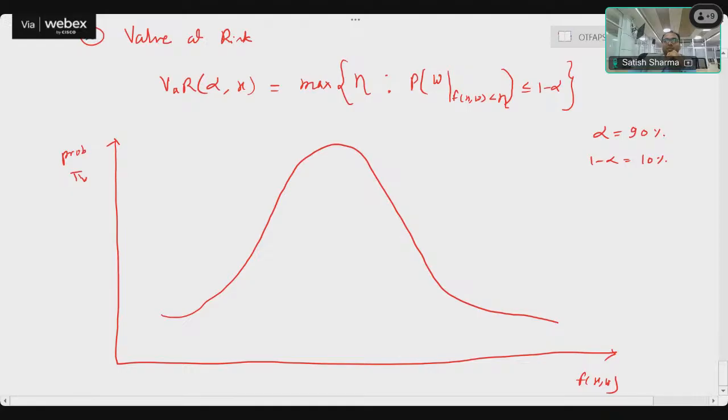So it is looking at the profit value for which the probability of profit being less than some value, say sigma, should be 10%.